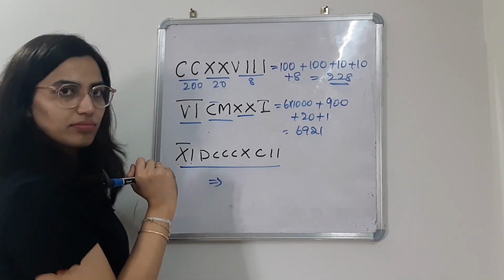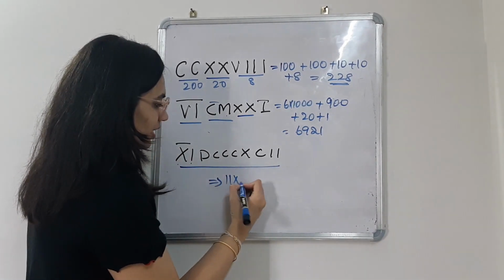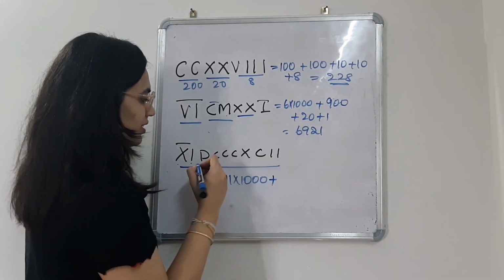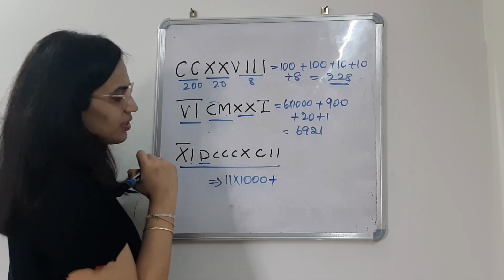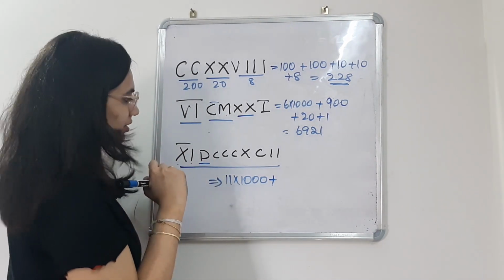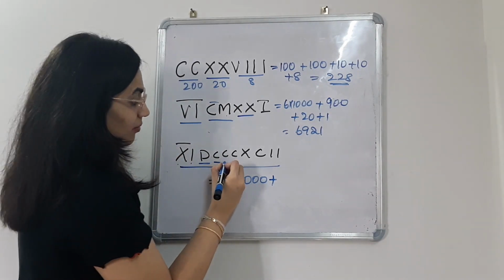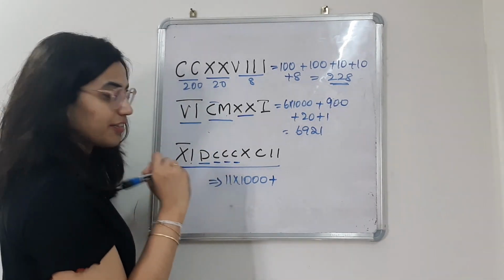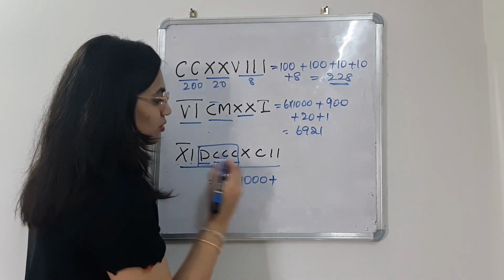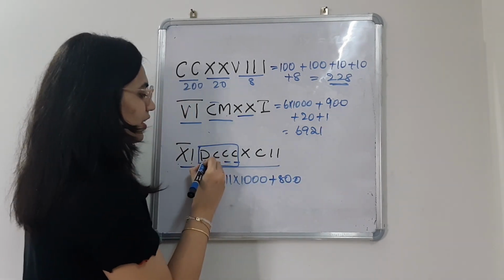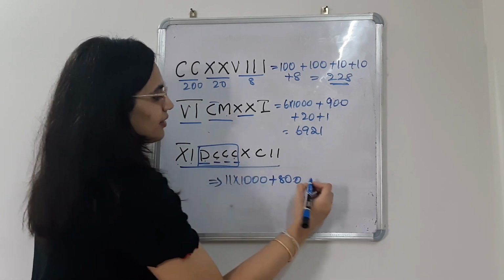Now the last one. What is this? 11. So can I write this as 11 into 1000? Right? Plus, what is this? 500. And this is 100. So we can't apply that rule. But there are 300s following the 500. So can we bundle this together and write it as 800, because 500, 600, 700, 800.